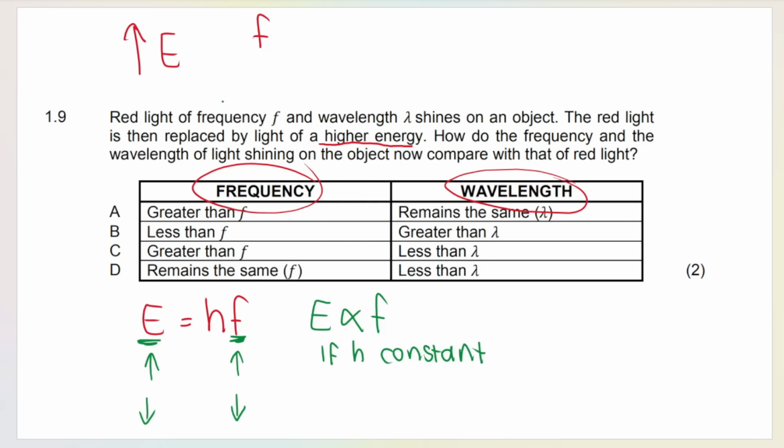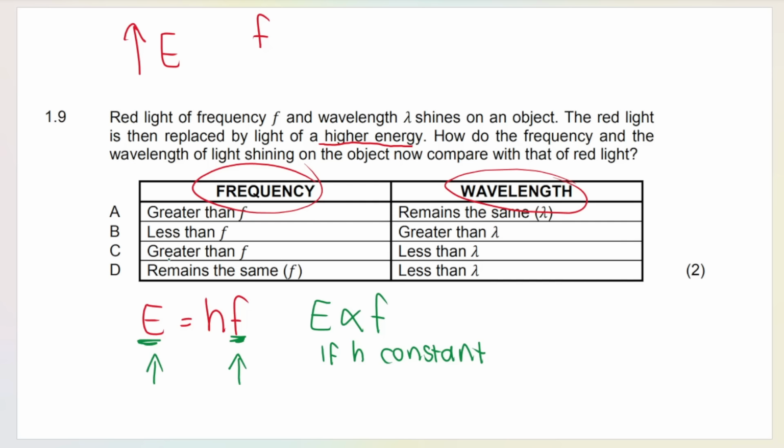So if you look at our question, they replace the light with a higher energy. So what did energy do? Energy of the light went up. Because energy of the light went up, and because frequency and energy are directly proportional, what that means actually is that if energy went up, frequency had to have gone up as well.